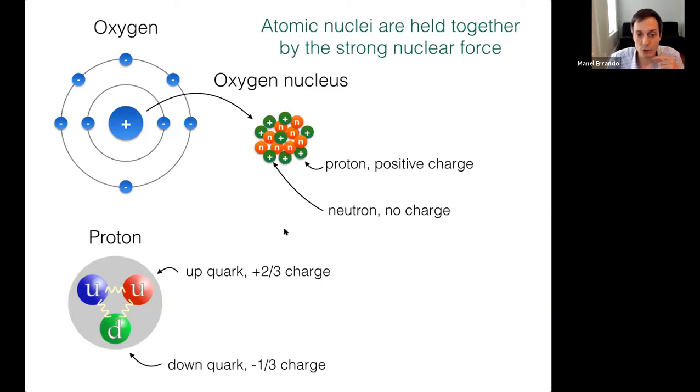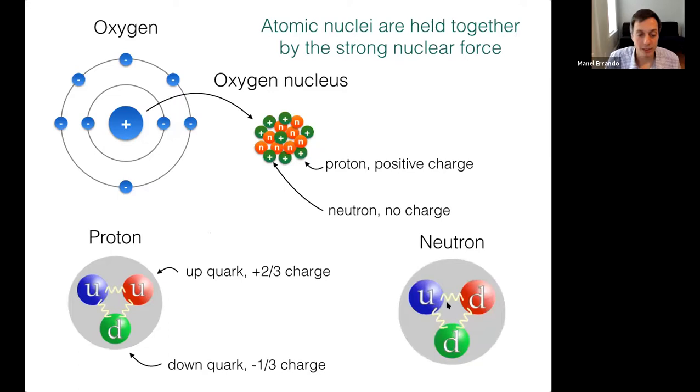And then we see that the neutrons are 2 down quarks and 1 up quark. So if I add -1/3 -1/3 plus 2/3, I get a charge of 0, which is the charge that we know the neutron has. So at this level, this is the smallest level that we've been able to break things down.